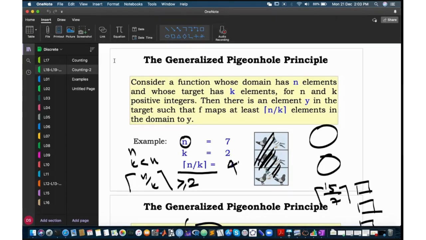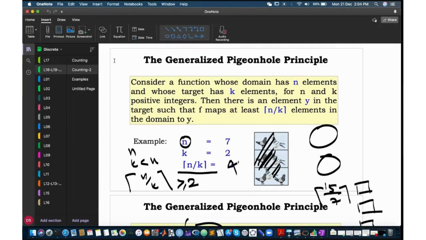The generalized version says that if you have n pigeons and you have k holes, then there must be a hole which contains a ceiling of n over k pigeons.